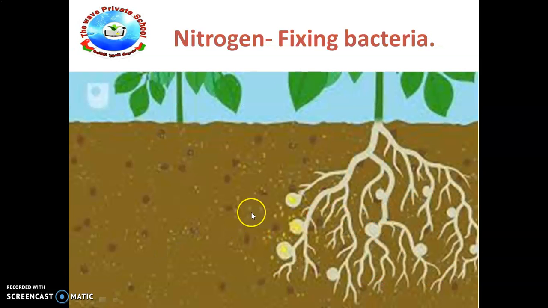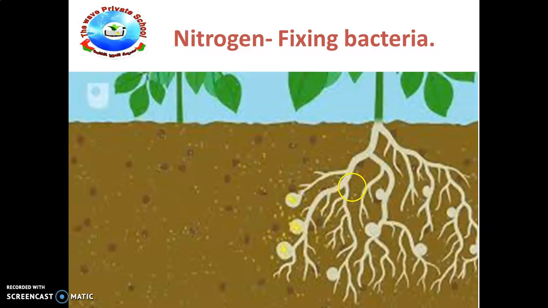Here you can see in the picture nitrogen fixing bacteria that live in the root nodules of some plants that belong to the Leguminaceae family, for example peas, beans and clover. One kind is called rhizobium. Rhizo means root, bium means living. That means the bacterium which is living in the roots, we call it rhizobium.